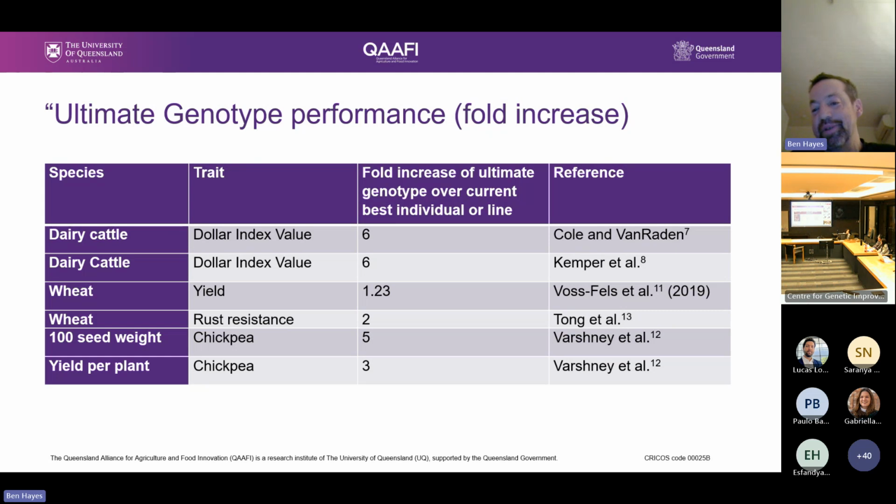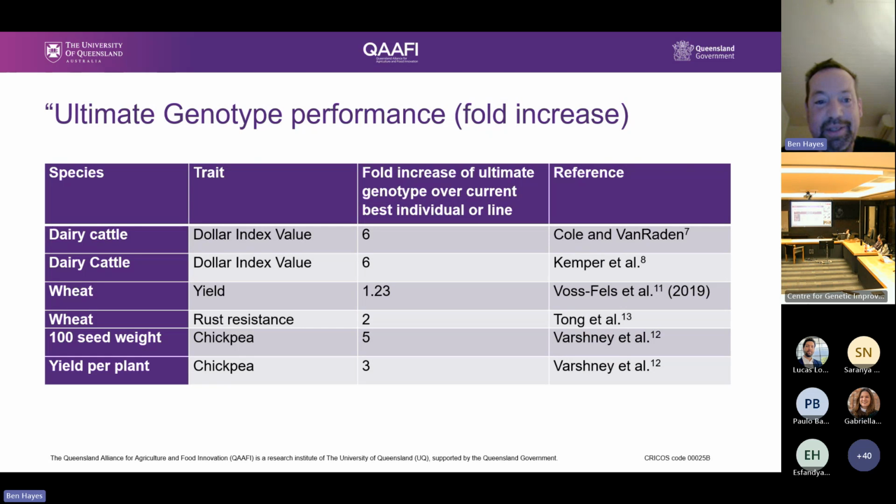So the first people to do this, to my knowledge, were John Cole and Paul Van Reyden in the US. And when they stacked up the best chromosomes in the population in current dairy bulls, they saw that the dollar index net merit was 6 times greater than the best individual in the population.